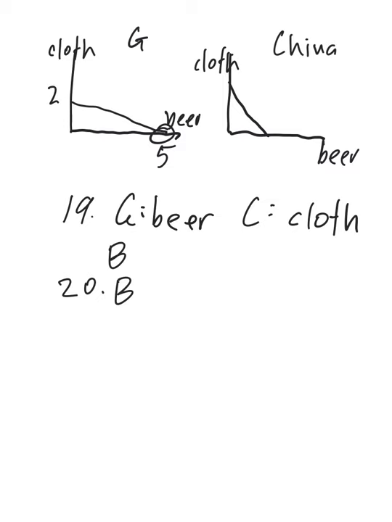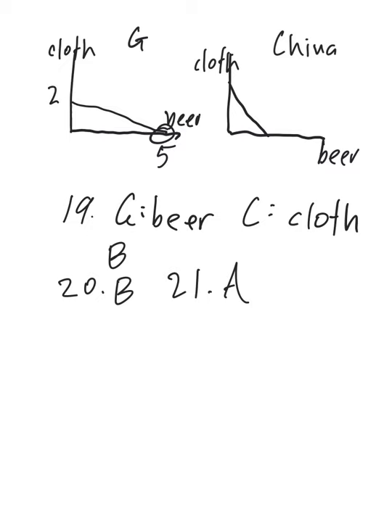So even if you knew nothing at all and you had to guess, you'd say, okay, I'll guess that Germany exports the beer and China exports the cloth. 21 flips it around, says what Germany should do. So Germany, we know, should specialize in beer production and exporting beer, and that's option A in 21.